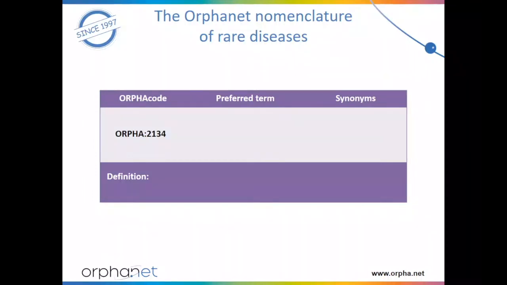Concretely, the nomenclature of a rare disease is composed of the following elements. First, an ORPHAcode, which is a numerical identifier attributed to the entity by the database upon its creation. A preferred term, which is the most widely accepted term for the entity in the medical community.